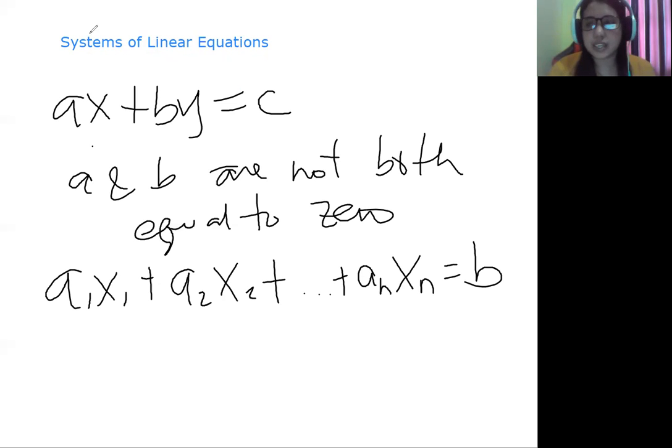Now, this is called a linear equation because the highest degree is equal to 1. These are applied in different fields like chemistry, business, computer science, economics, electronics, physics, social sciences, and others.